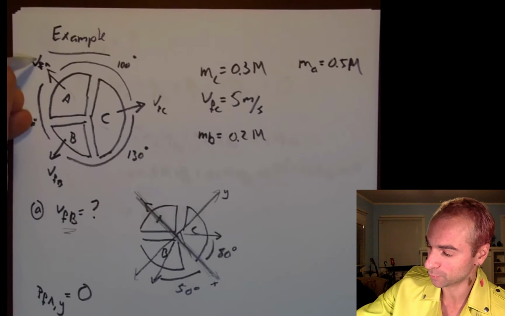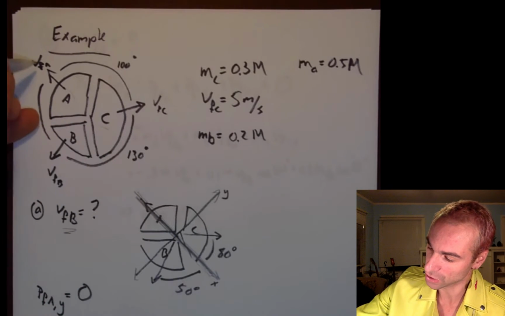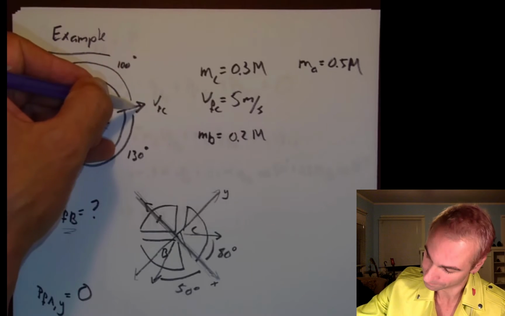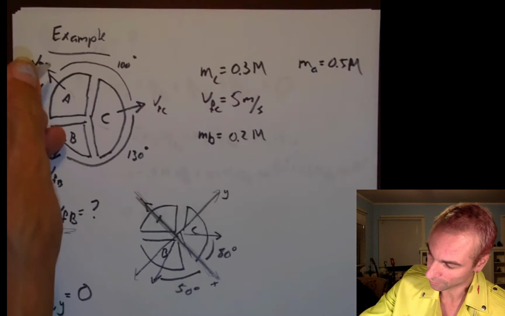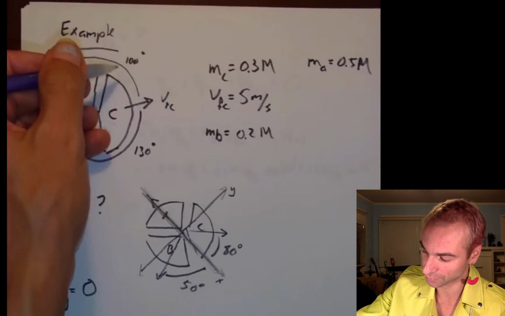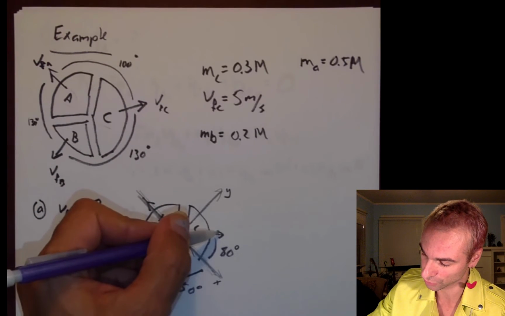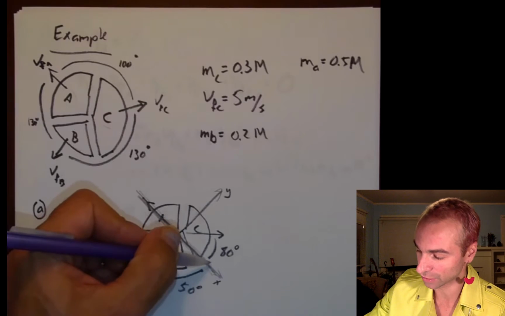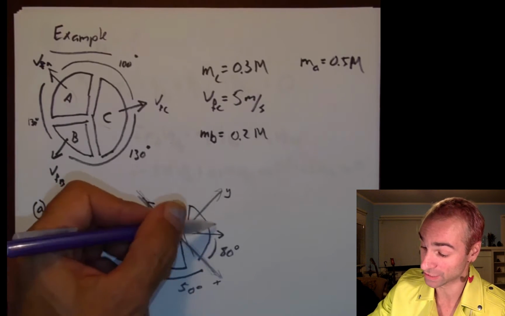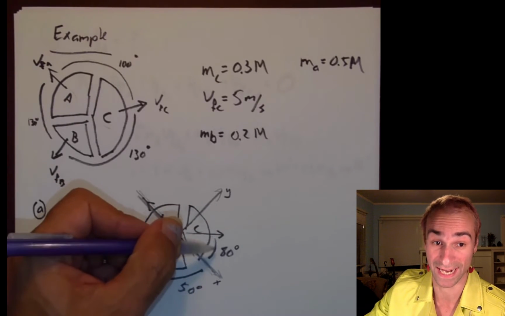So if I put a line through here, and I know that it's 100 degrees from the A launch to the velocity of the C. If this is 100 degrees, I know that it's 180 all the way around, so it's 180 minus 100, which means that this angle will be 80, right?